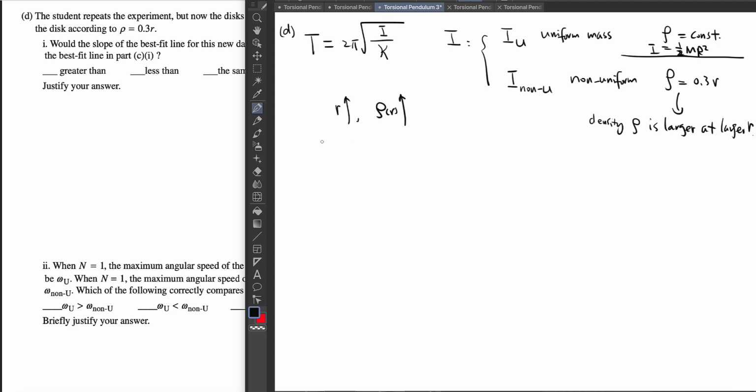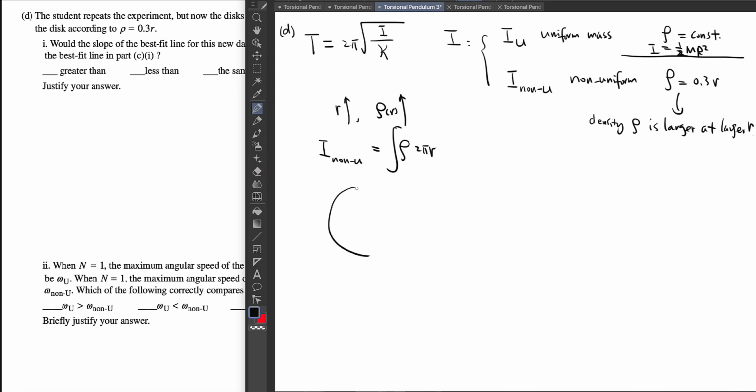So when you do the integral to calculate the non-uniform moment of inertia, you would do 2 pi r dr, sorry, a small mistake here, and then multiply by rho and do that integral.